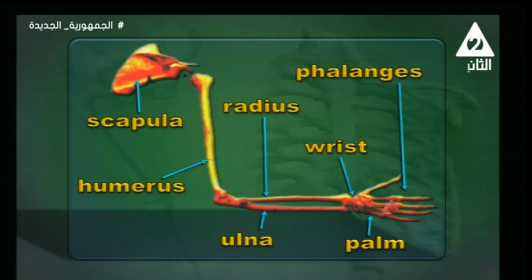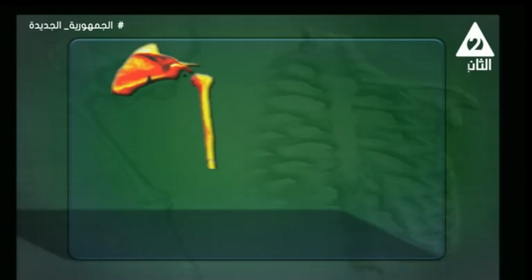So, I need you to remember the number of bones inside your upper limb. I'm going to start with the first part, we call it humerus, 1 bone. This is the forearm, radius and ulna. There are 2 bones. Then there are 8 bones in 2 rows.